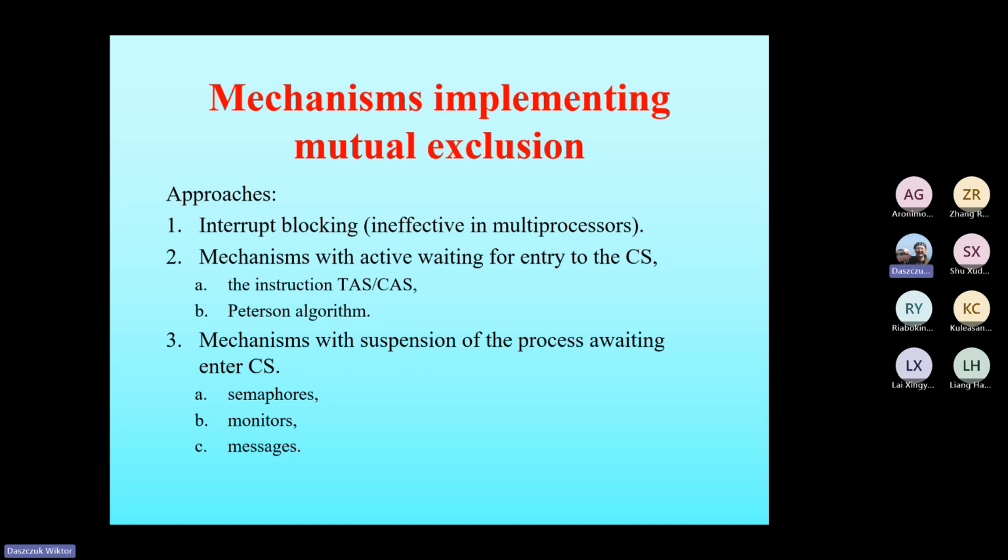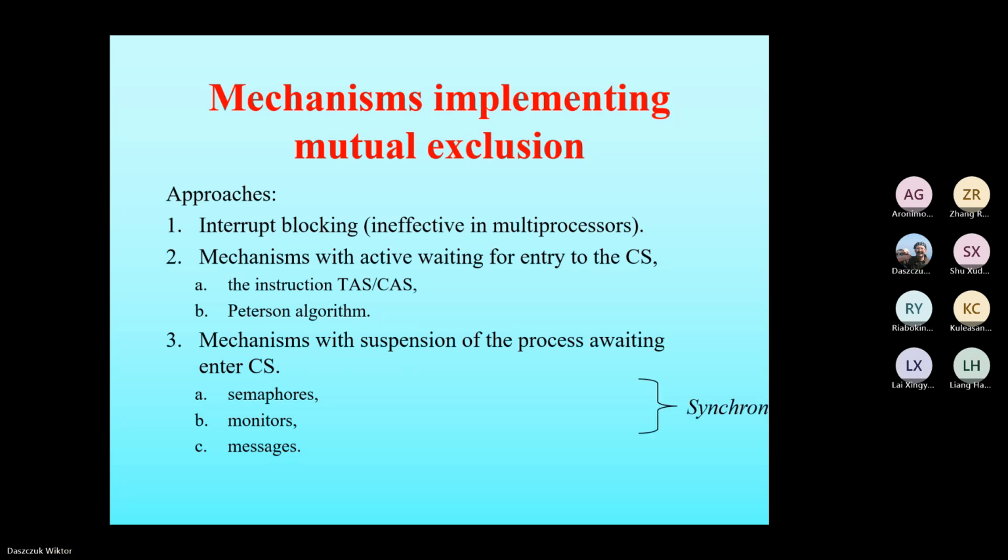And using active waiting, we can suspend a process. So inactive waiting can be used on a higher level of abstraction. And we have three such mechanisms. There are more of them. Three of them that we will learn are semaphores, monitors, and messages.